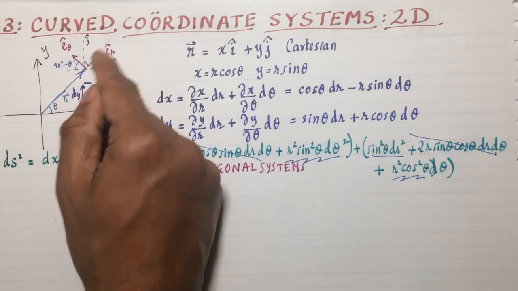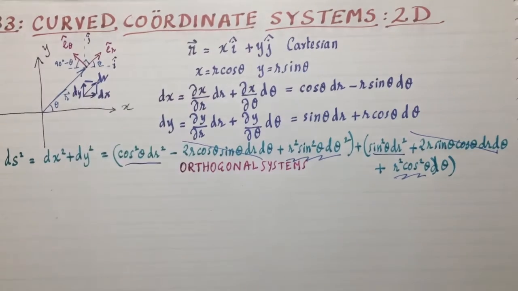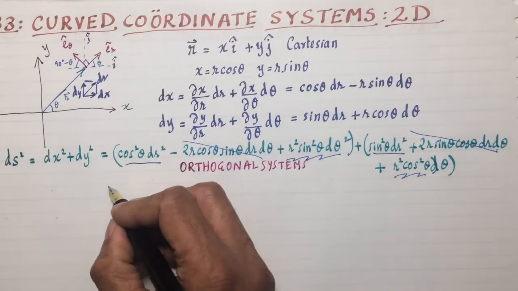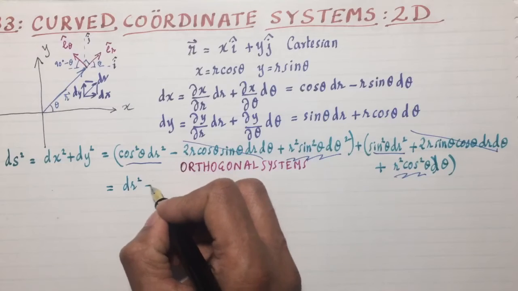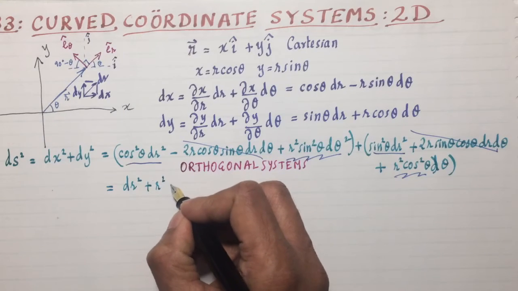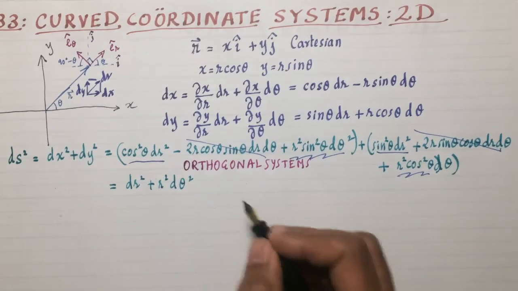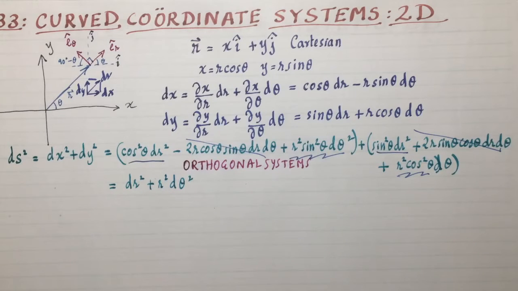It's obvious from just looking at it that it's orthogonal, but that's a secondary characteristic of orthogonal systems. So putting together sine squared plus cosine squared, I'm going to get dr squared plus r squared d theta squared, and that is the metric.